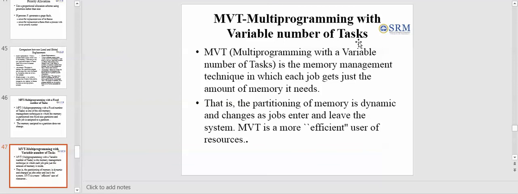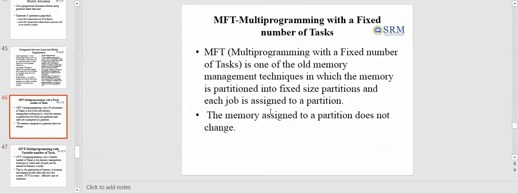MVT is the memory management technique in which each job gets the amount of memory it needs. That is, the partition of memory is dynamic and changes as jobs enter and leave the system. MVT is a more efficient user of resources, because in MFT, what did we see?